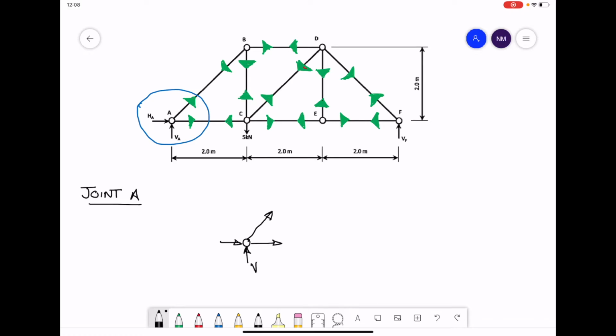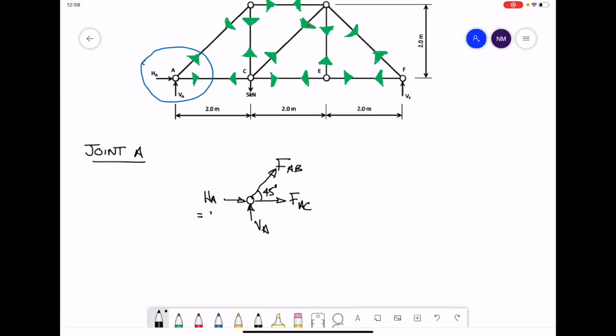We have VA, HA, force in member AC, and the force in member AB. The angle between these two members is 45 degrees. HA we know to be 0. VA we know to be a value of 3.33 kilonewtons.